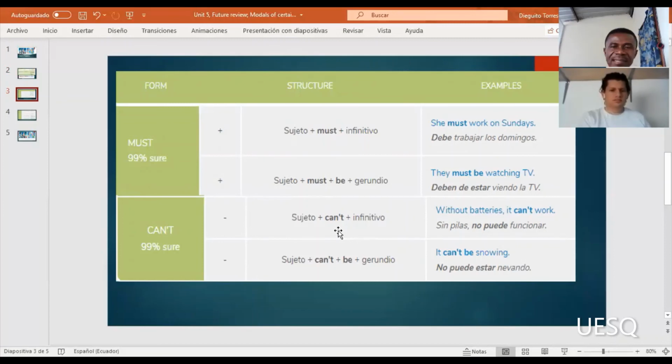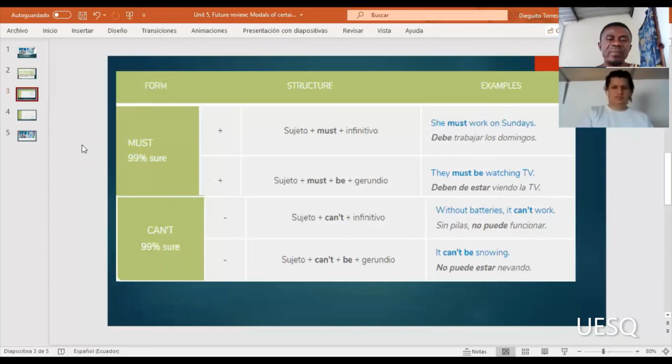It depends on which one you are using. You can also use can't, the negative, plus be, and then the verb should be in the gerund form, ing. So it can be snowing, it can't be snowing, it can be raining.